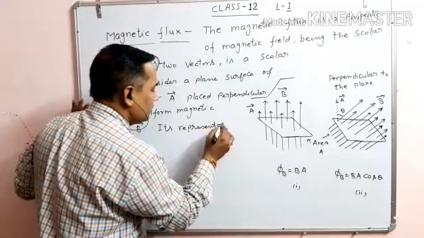So phi b becomes B into A cos 0, so phi b is equal to B into A. So this is the magnetic flux B into A for figure first.